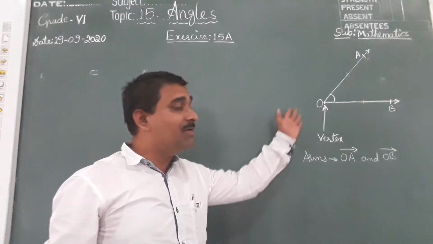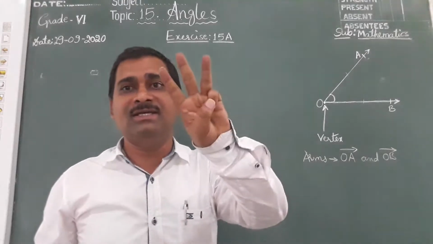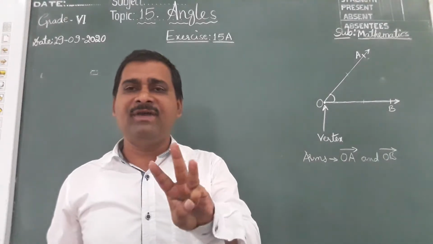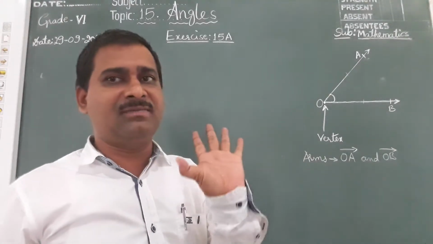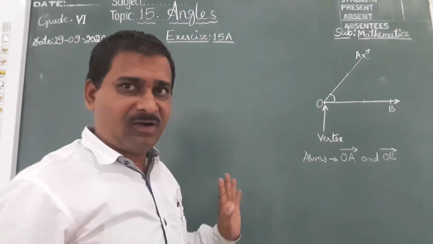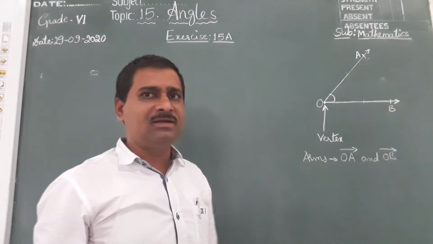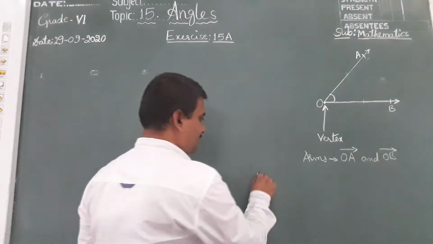How to write the name of this angle? We can write the name of this angle in three ways. Out of the three ways, you can keep any one way in your mind, it's enough. I will tell you all three ways.